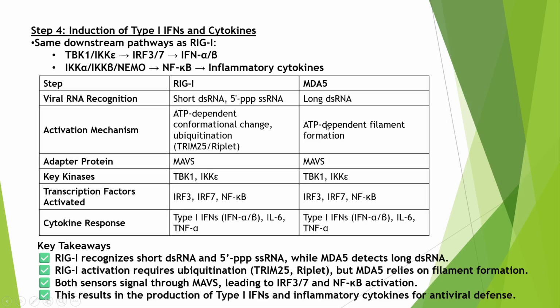However, MDA5 is ATP-dependent filament formation and scaffold formation. Both of them have MAVS as the adaptor protein, same. After this, everything will be similar for both of them. Then you have kinases, then transcription factors, then the end is cytokine production. So RIG1 recognizes this and MDA5 recognizes this. RIG1 activation is ubiquitination, MDA5 is filament formation. Other than that, the downstream pathways are similar. So both of them result in the production of type 1 interferons and inflammatory cytokines for antiviral defense.